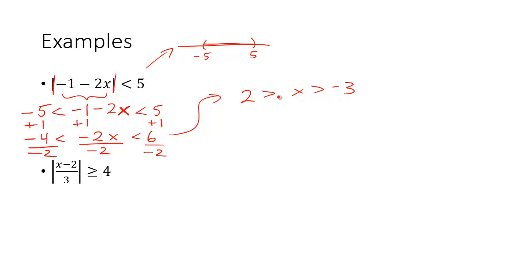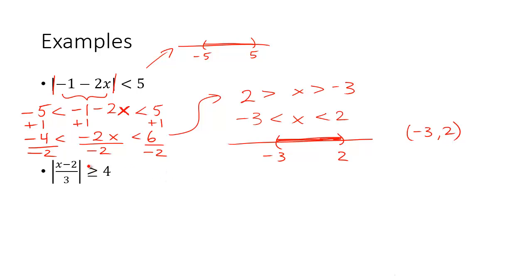It still makes mathematical sense, but it's nicer to rewrite it as x being between -3 and 2, and that way these numbers are in order. It's easier to graph as well. You know that anywhere between -3 and 2, all those values should result in satisfying this inequality. So you can try some numbers in here and test it out. And in interval notation, this is -3 to 2.